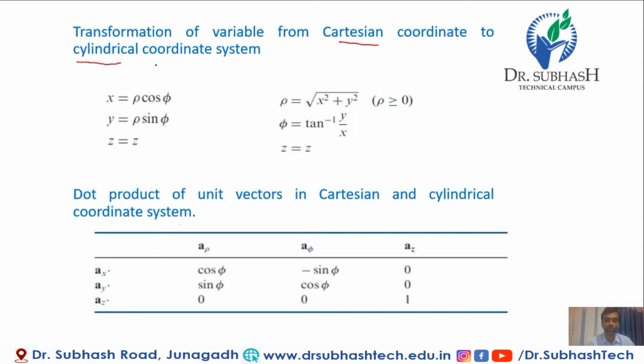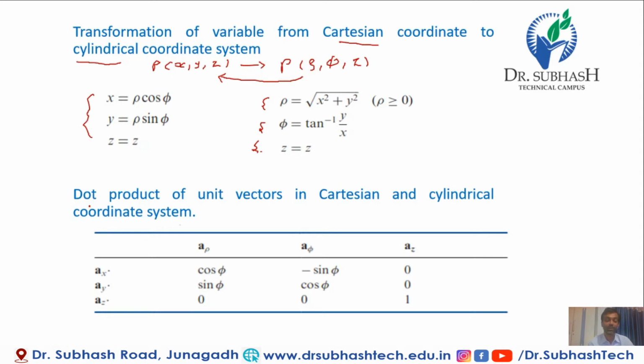Suppose we have one point P(X, Y, Z), and we require to transform this point into the cylindrical coordinate system, meaning rho, phi and Z. Then we use this equation for rho, phi and Z, and if we require to transform the cylindrical coordinate system to the Cartesian coordinate system, then we use this formula.